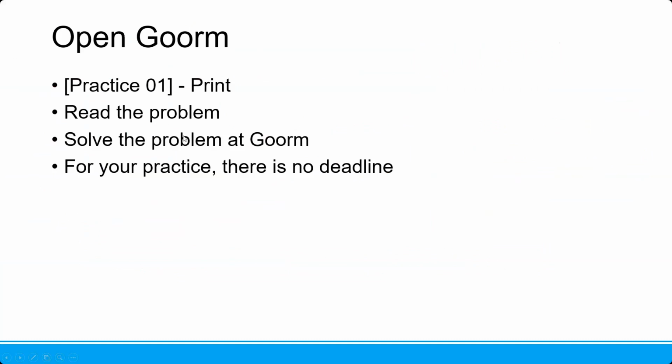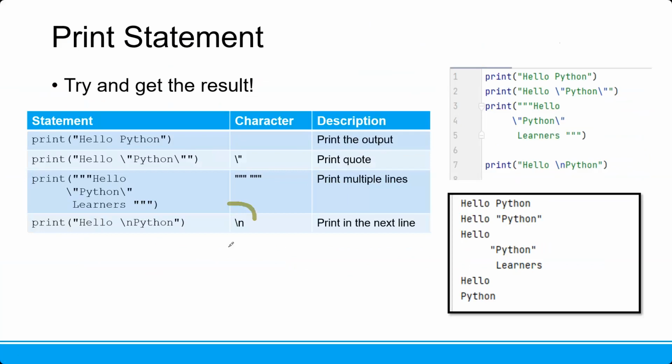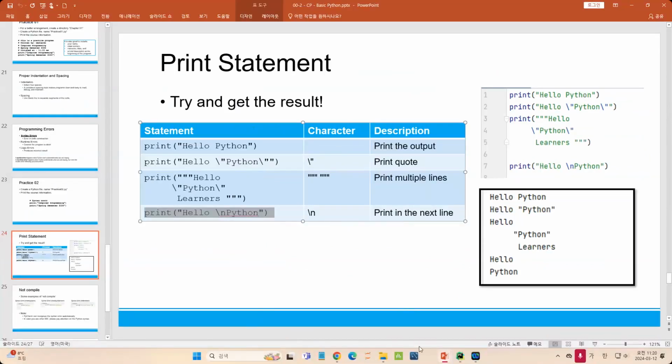I give you the Kurum exercise. Did you try to solve it? Okay, I think it's not that difficult. Just print, print, print, print. Or you can use backslash n. So let me show you.